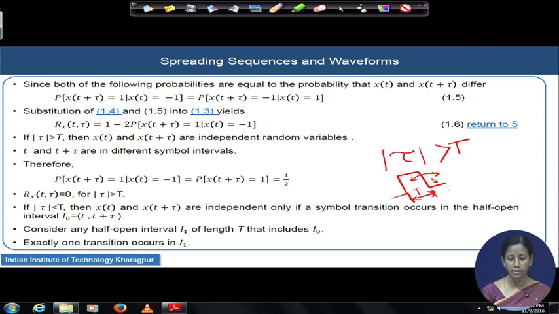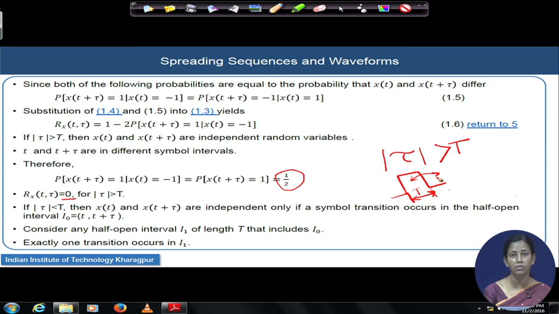So, there is no autocorrelation, because the time differences are complete, and hence the autocorrelation function for this kind of x(t) and x(t+tau) will boil down to 0. In such a situation, when tau is greater than capital T, the probability of an erroneous reception is basically equal to the probability of a correct reception, so this probability will be half.